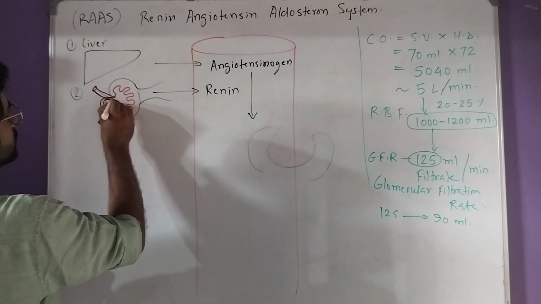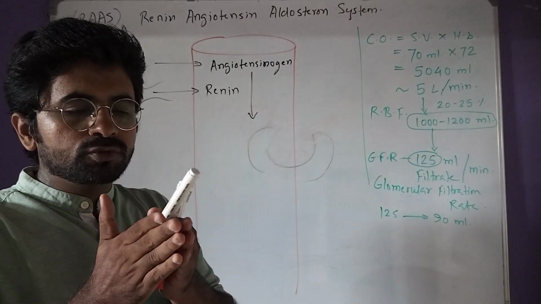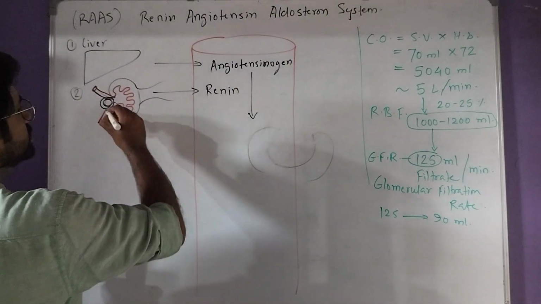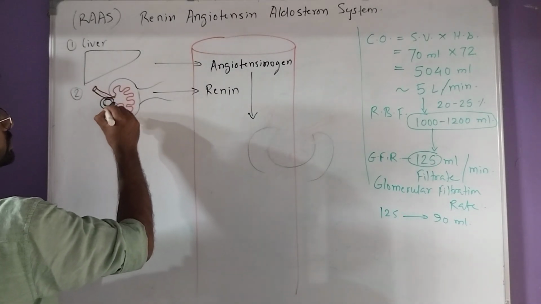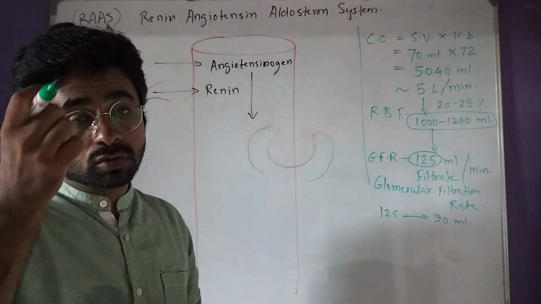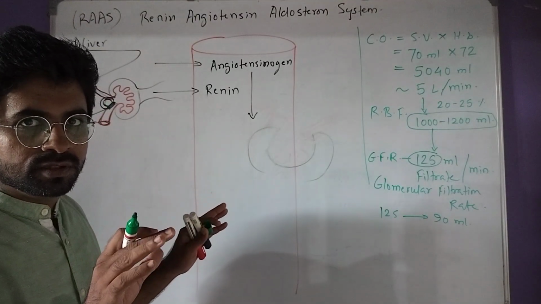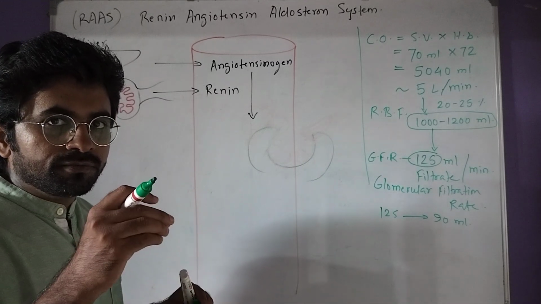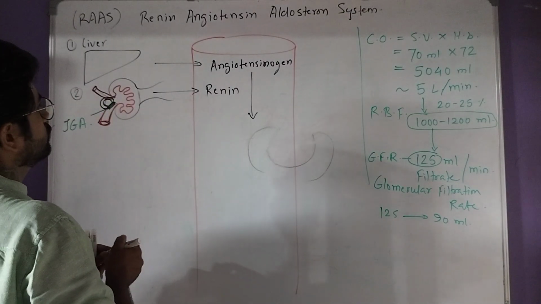The cells from the DCT and afferent, when they come close to each other, form something called the juxtaglomerular apparatus. This particular region is the juxtaglomerular apparatus, in which there are some cells called macula densa. Macula densa, to be specific, will release renin. We can say that the juxtaglomerular apparatus is releasing renin, but if you want to be specific, macula densa is releasing renin.